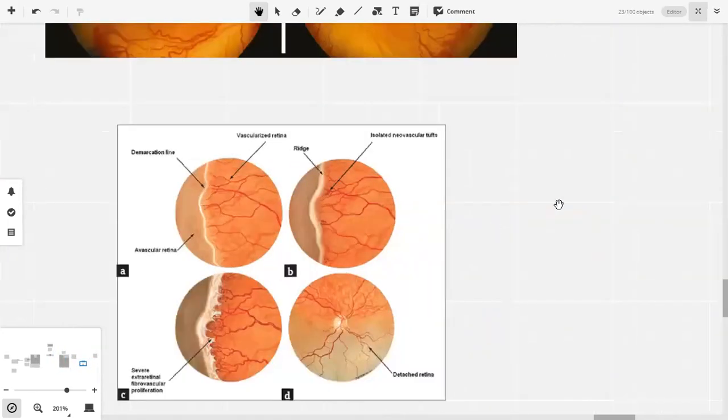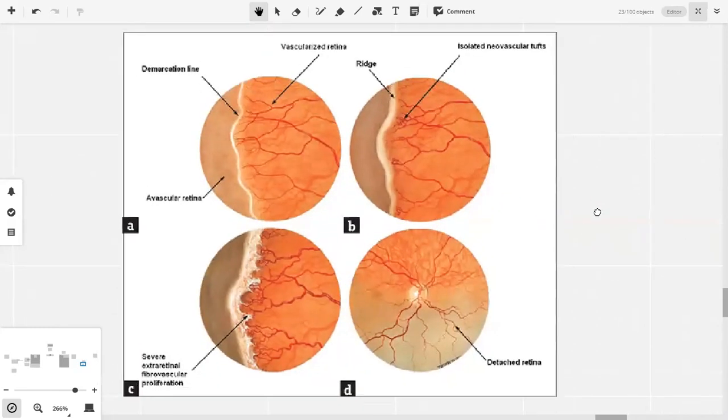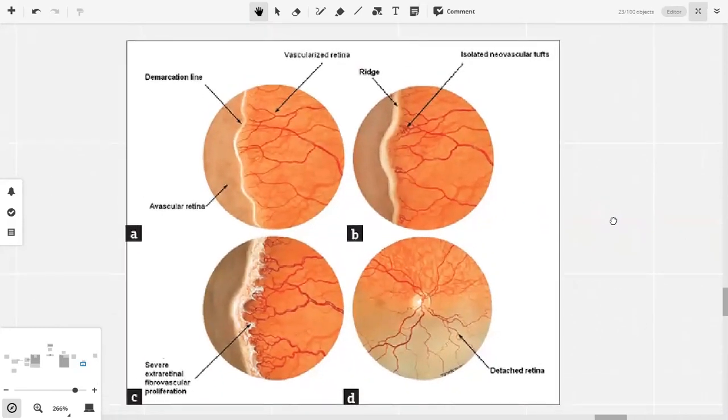4 of these are shown in this picture. Look at these pictures closely. Look at this one first. This is slide A. This is the temporal part of the retina. This is the avascular retina. This is the vascularized retina. And in picture A, we are seeing only a demarcation line.